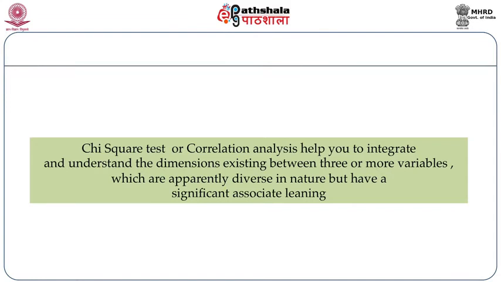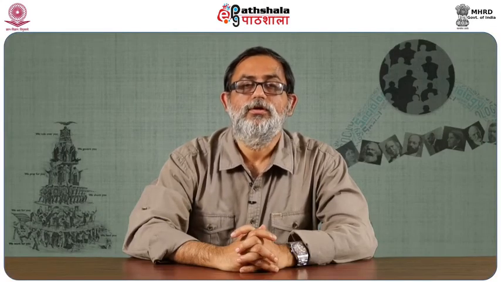For example, chi-square test or correlation analysis helps you to integrate and understand the dimensions existing between three or more variables which are apparently diverse in nature but have a significant associative leaning. Therefore, these divergent, heterogeneous dynamics of the social matrix can easily be reflected when you go for interpretive statistics like chi-square, regression, or R mode of analysis.